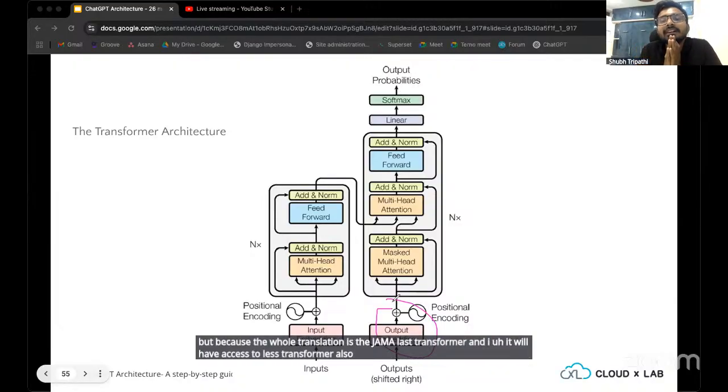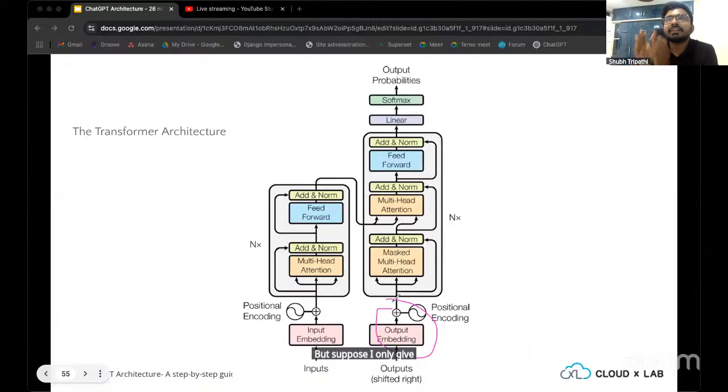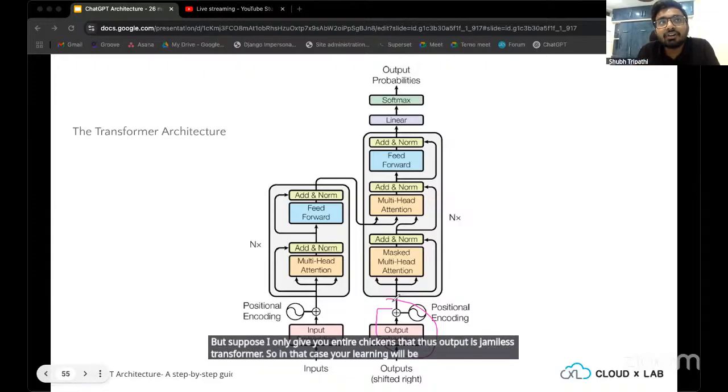That will make the translation biased. Suppose I give you the task to translate "I love transformers" to French. You will also begin one word at a time. But suppose I only give you the entire sequence, that the output is "J'aime les transformers". In that case, your learning will be biased, because you will already know the output. That will be kind of cheating, right?